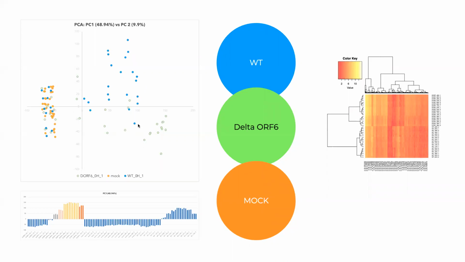But after infection, there's still a large portion of genes, right? And we see about 10% variability that could be explained by the differences between that ORF6 being present and ORF6 not being present, right?